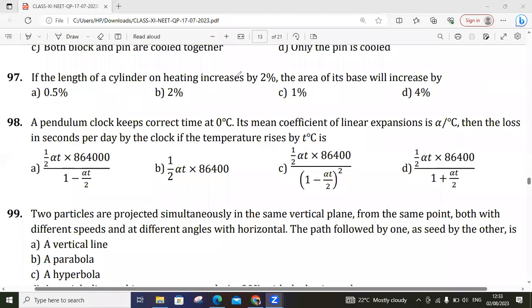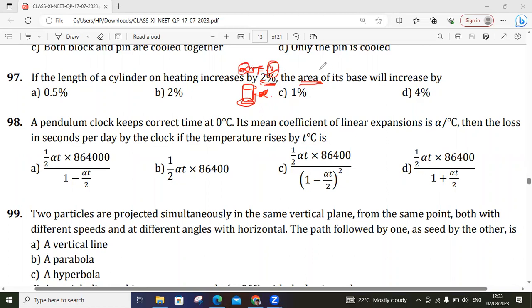And we will go for 97. The length of a cylinder on heating increases by 2%. Area of its base will increase by how much? So actually this is the alpha only. Basically, it's alpha delta T. Delta L by L is equal to alpha delta T. So this area they are asking. So this gives you the measure of one dimension. Alpha.